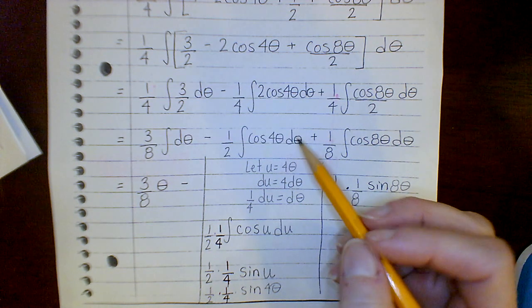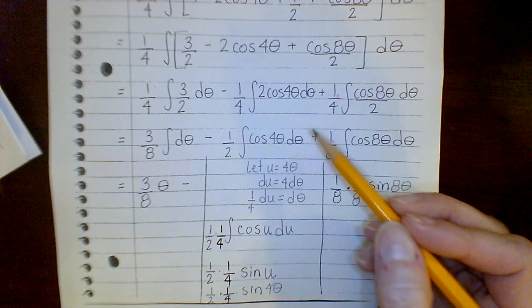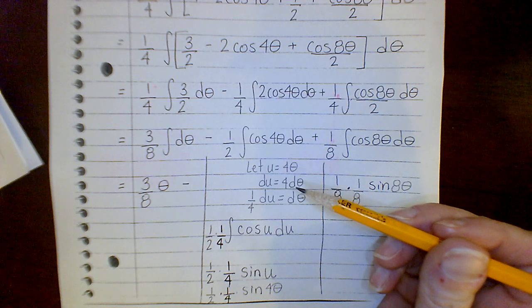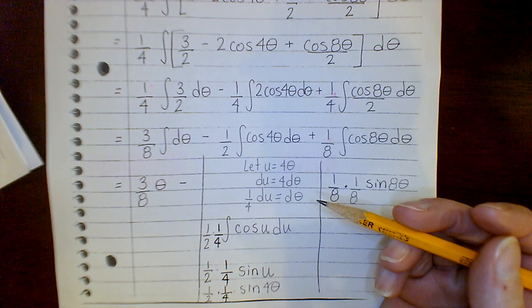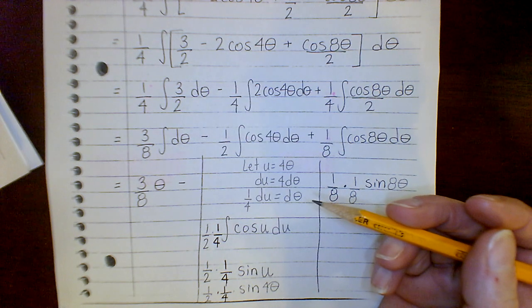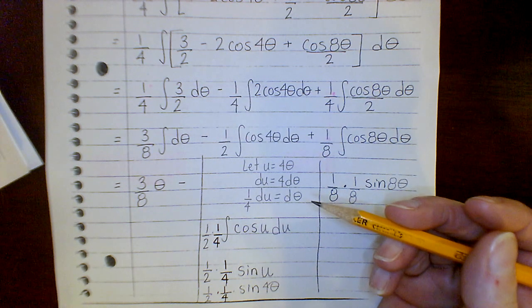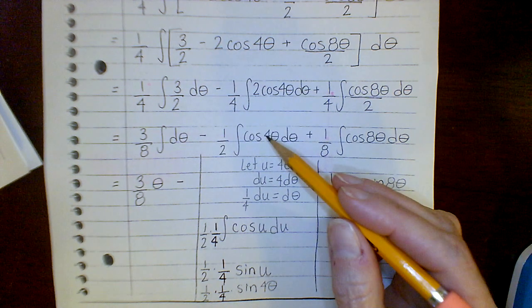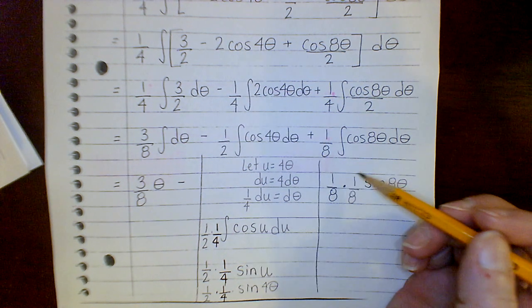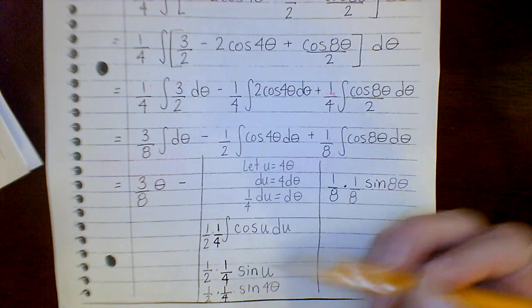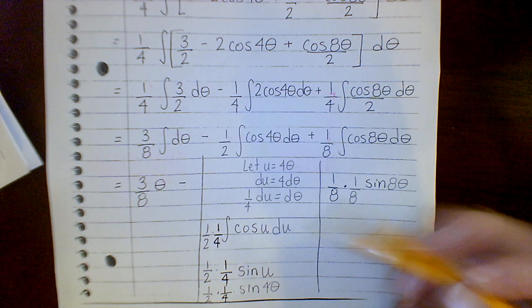And then you would multiply it by the derivative of 4 theta, right? The integration here is kind of the same, right? You're integrating that cosine, and instead of the chain rule being multiplying by 4, you're dividing by 4. So that's essentially what we're doing.